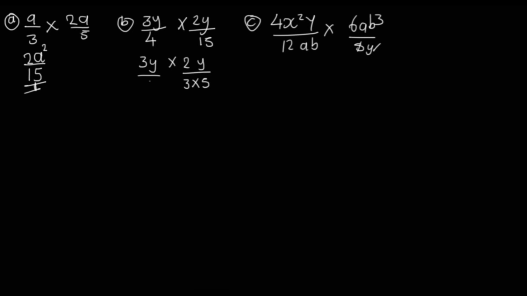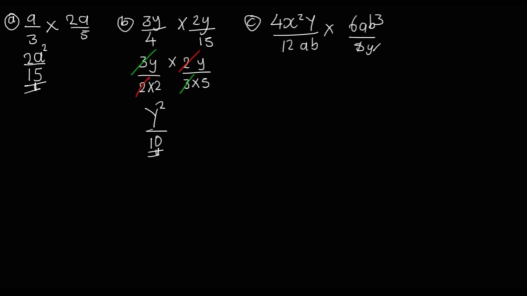Then 4 is the same as 2 times 2. The reason is simple: I've expanded each part so that I can cancel. So we can cancel the 3 here and also the 3 here. Then I can also cancel 1, 2 here and also 1, 2 there. Then from there we can see what remains. So y times y is y squared over 2 times 5 is just 10.